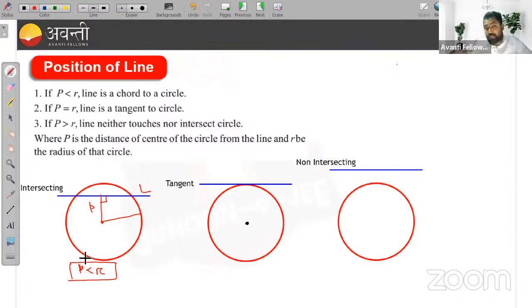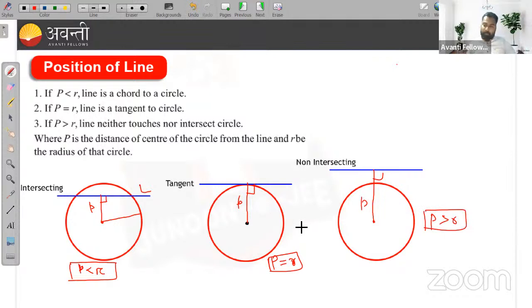If the line touches the circle, then the perpendicular length P will be equal to R. Right? P will be equal to R. If it is lying outside the circle, then the perpendicular length from the center to the line is actually greater than R. This is my P. Clear, everyone?